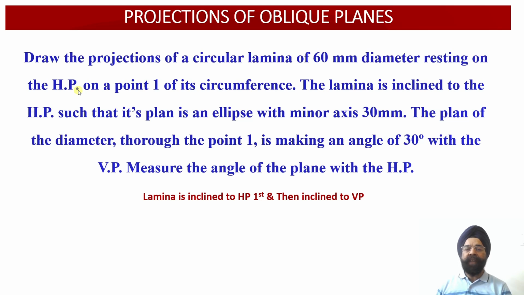And while we look at the circular lamina from the front side, we are going to obtain the edge view projection of this lamina located onto the XY reference line, because this lamina is contained by the horizontal plane. So here this is the orientation. In case of a circular lamina, we get no issues regarding the orientation. The only thing is it will be resting on the ground on one of its points, number 1, over here.